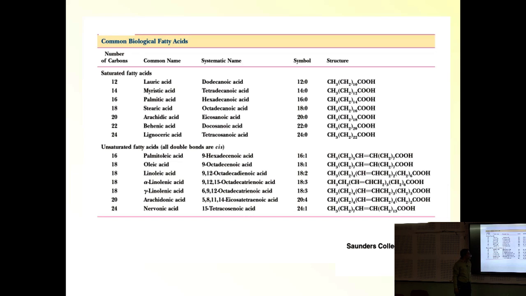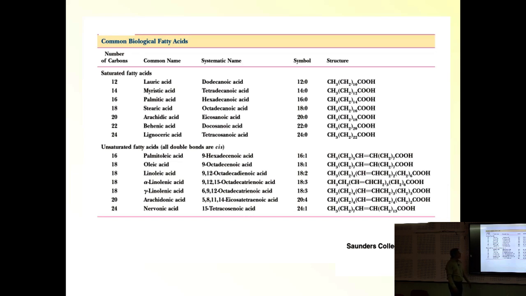Alpha linolenic acid has double bonds at the 9th, 12th and 15th positions, octadecatrienoic acid. Tri means 3 double bonds. Similarly, 6, 9, 12 octadecatrienoic acid is also 18:3. So one is 9, 12 and 15 positions, and the other is 6, 9 and 12 positions.